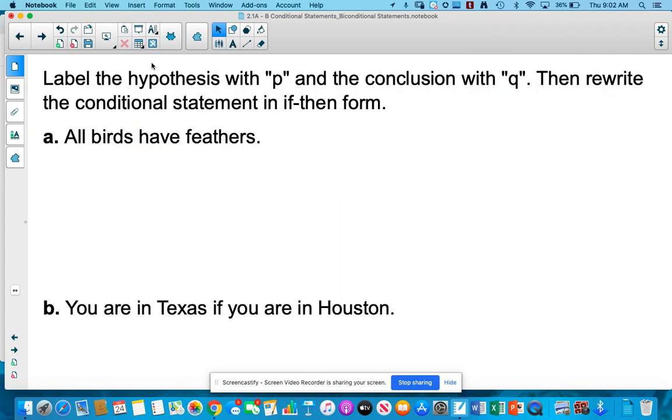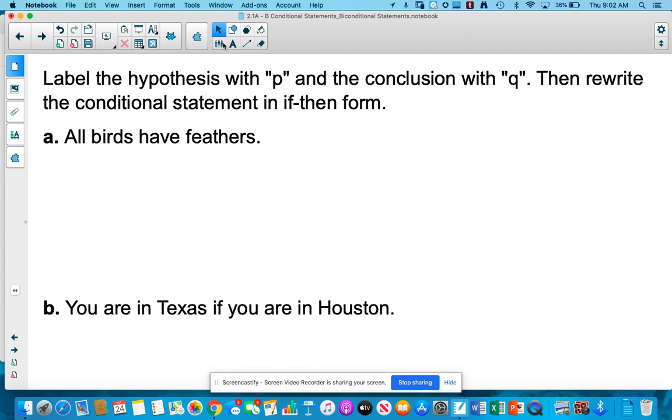Okay, so let's look at our next one. It says label the hypothesis. Why do I keep saying hypotenuse? Label the hypothesis with P and the conclusion with Q. Then rewrite it in if-then form. Okay? So we would say all birds have feathers.